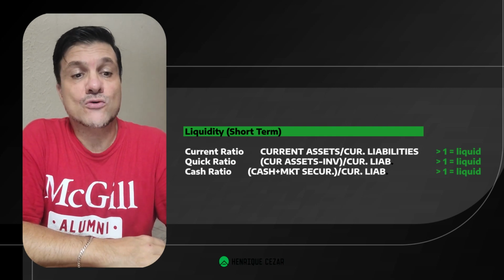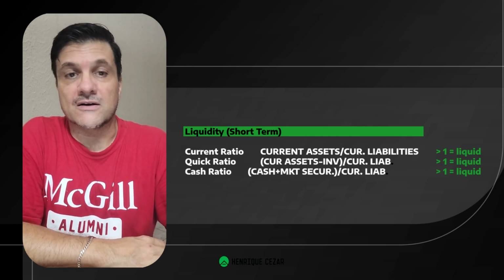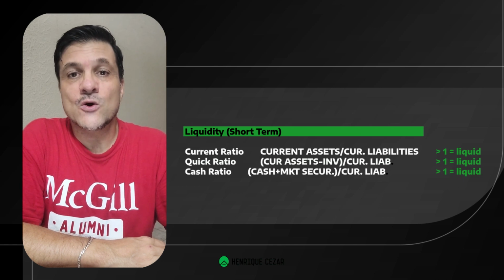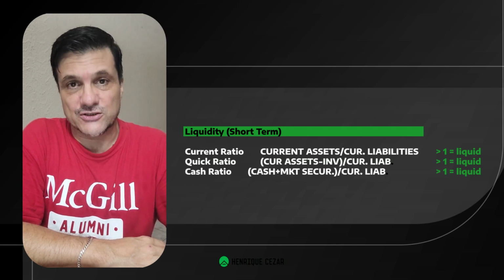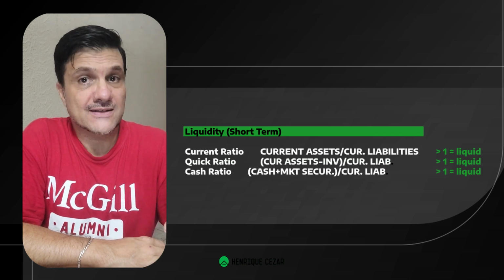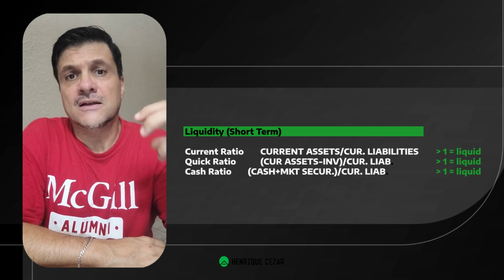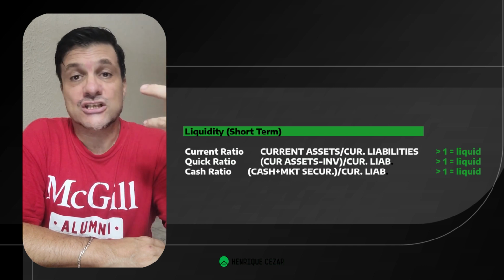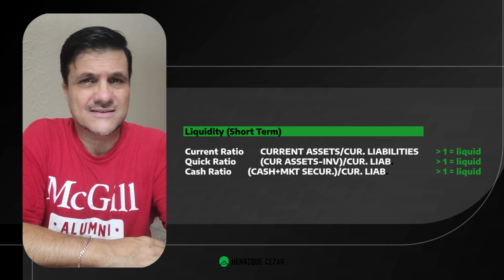Right? The 3 most important liquidity ratios are the current ratio, quick ratio, and cash ratio. The current ratio takes all the current assets, all the assets that will become cash in less than a year. Let's say that's the definition.